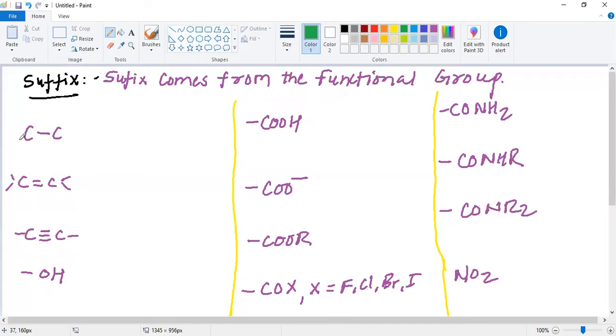If we have all single bonds between carbon, we will call them alkane. Then we may have alkene. Then we have alkyne, my dear students.